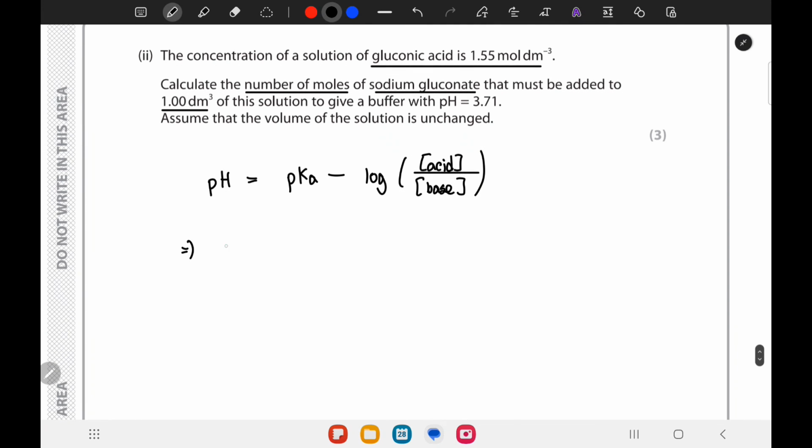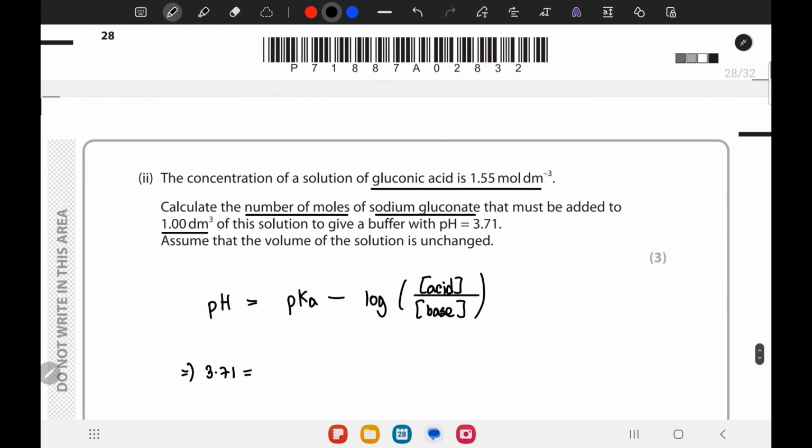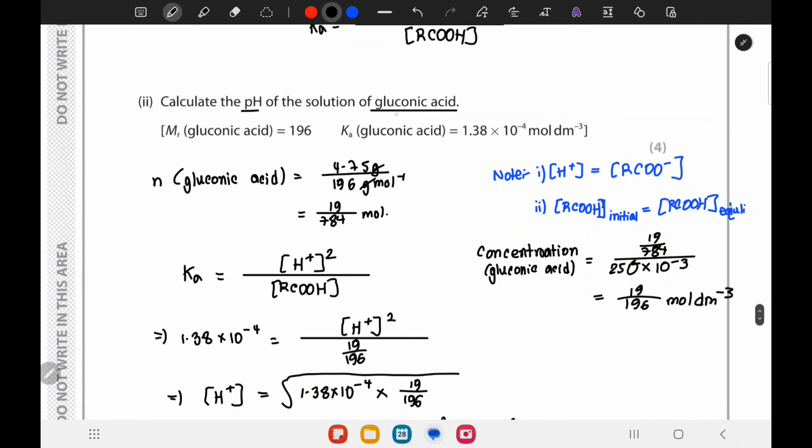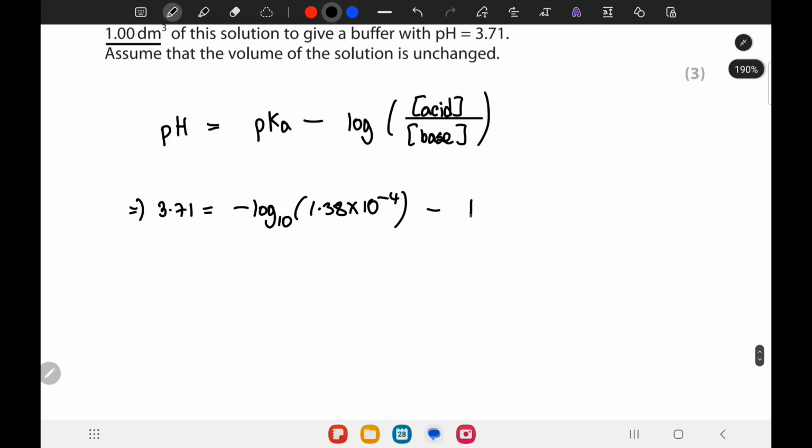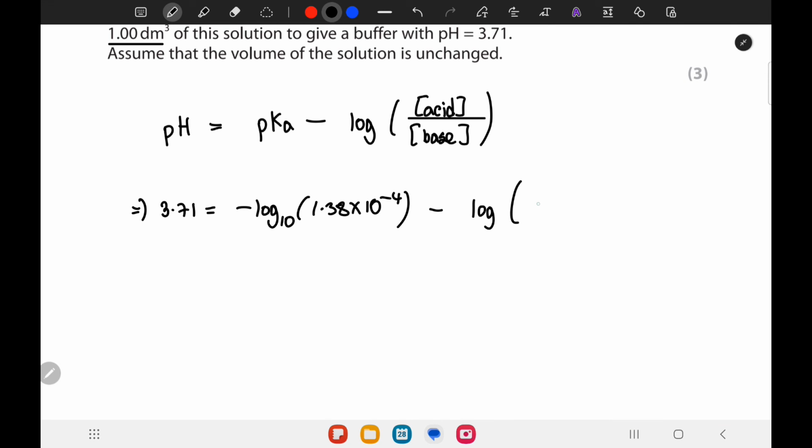The pH over here is 3.71. We need the pKa. We have the Ka of gluconic acid, so pKa is minus log base 10 of 1.38 × 10^-4.